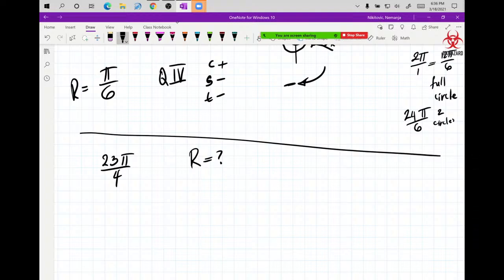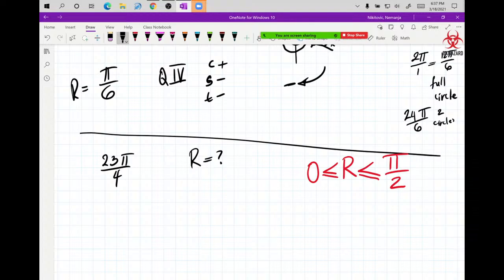So now you just need to figure out the reference angle. Yes, it is. Nice. So your reference angle always has to be in between 0 and 90. All of your answers have to be between 0 and 90, or between 0 and pi over 2.